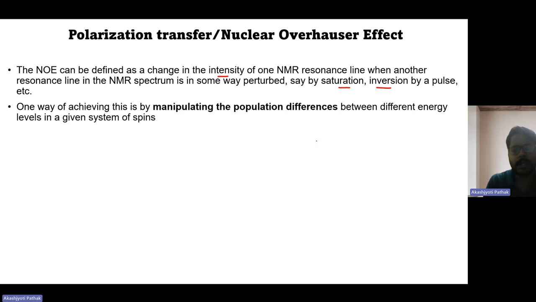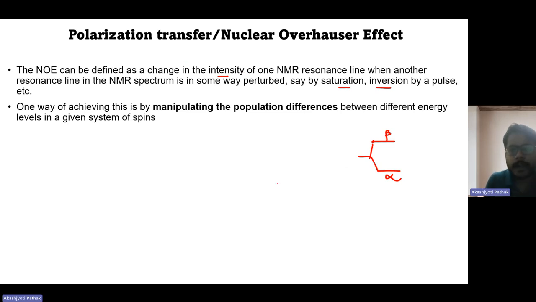We have already learned in earlier classes that under the external magnetic field, the nuclear spin splits because of the Zeeman effect into a lower energy spin state, which is alpha, and a higher energy spin state, which is known as beta.